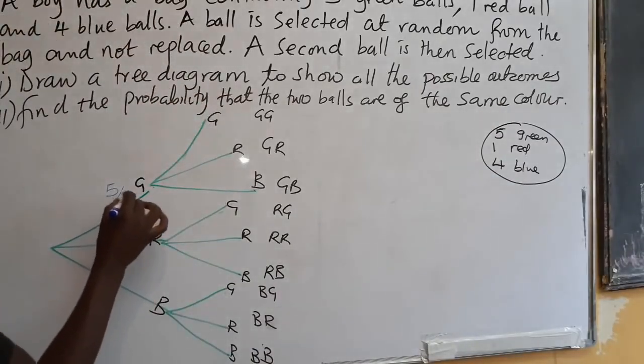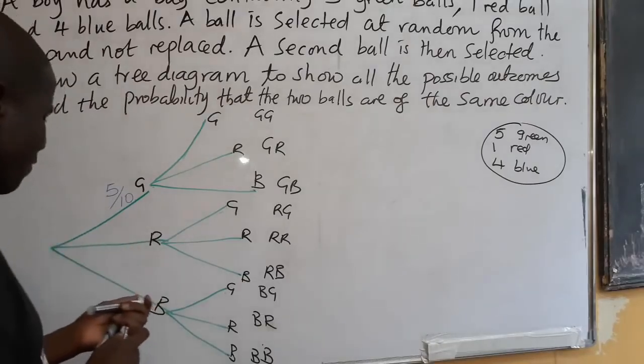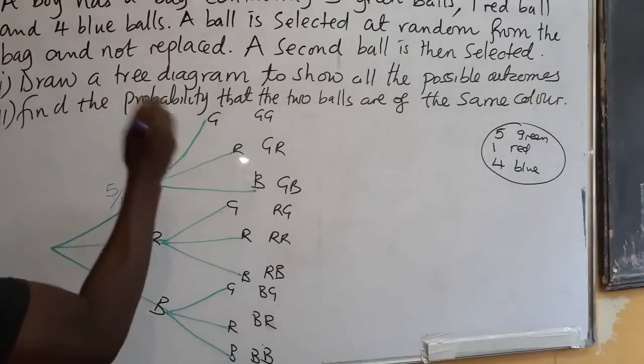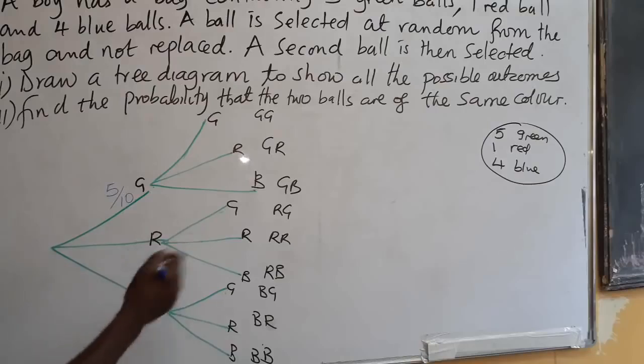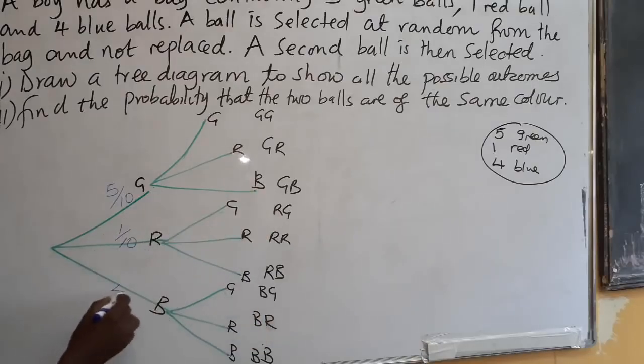So 5 over 10. Then the second one, if the first one is blue, okay, maybe we can finish this one. For the first, this one will be 1 over 10. The last one will be 4 over 10.